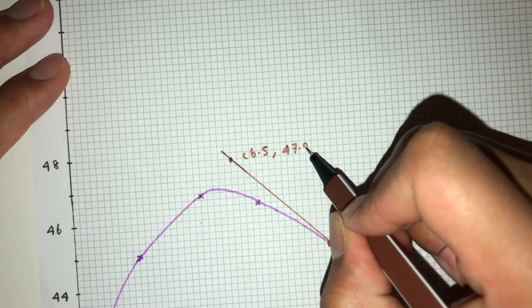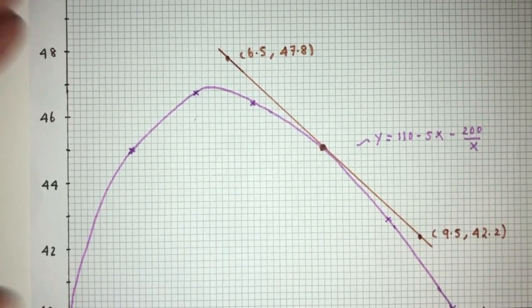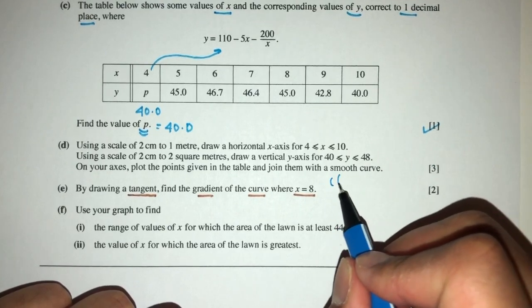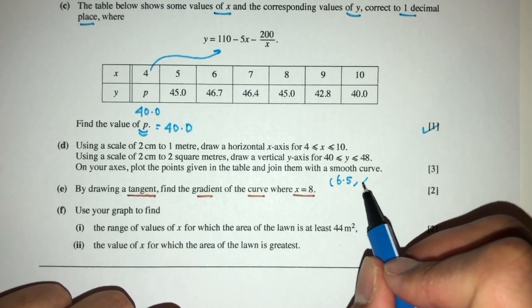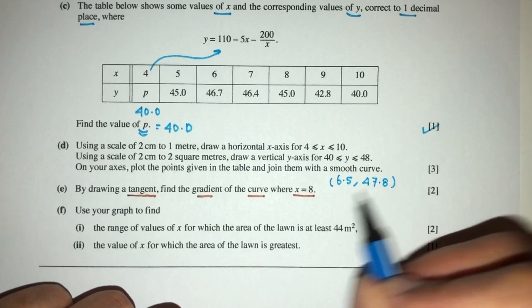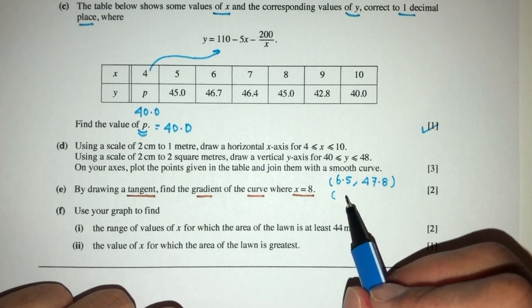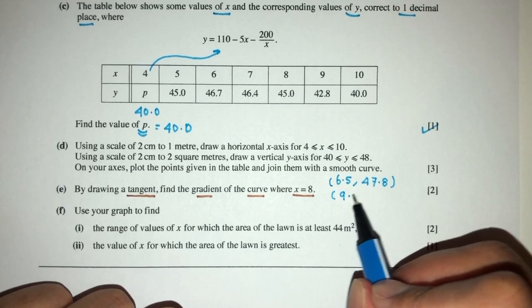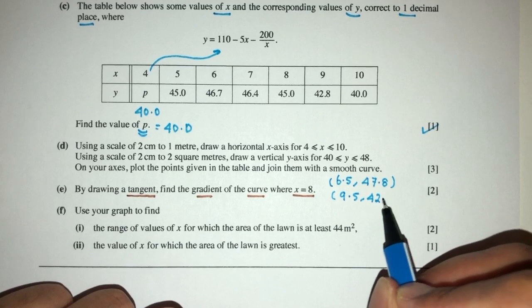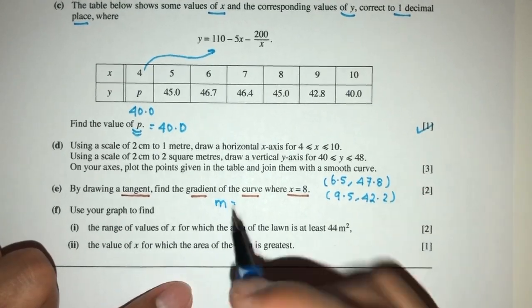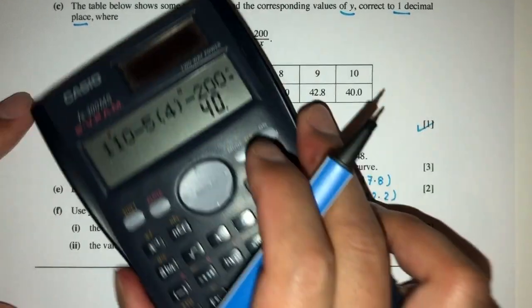So let's use those 2 points to find the gradient of that curve at that point. So the 2 points I was able to find were 6.5, 47.8 and 9.5, 42.2. So this is basically 2 points on the line. One is before the point and one is after the point x equal to 8. That's how you would find the gradient of the curve, by first finding 2 points and then just using your formula for y2 minus y1 over x2 minus x1.